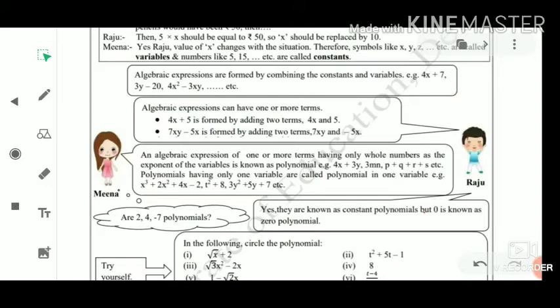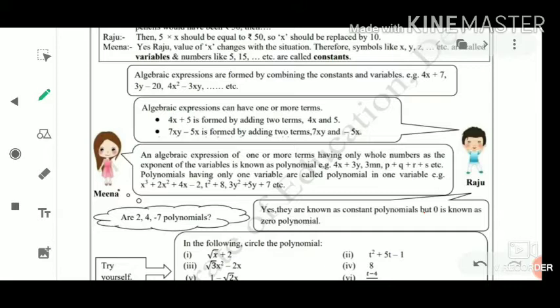If we look at the single term expression of the polynomial, it is called a monomial, a two term expression is called a binomial, a three term expression is called a trinomial, and more than three terms can be called a polynomial. So let us look at what this polynomial worksheet is asking us to work on.